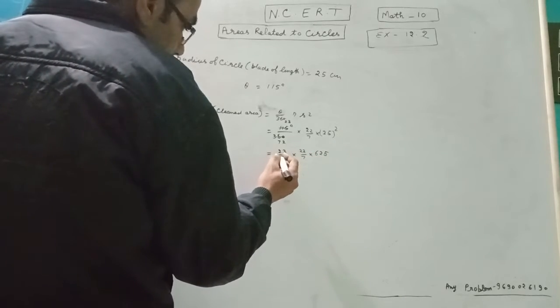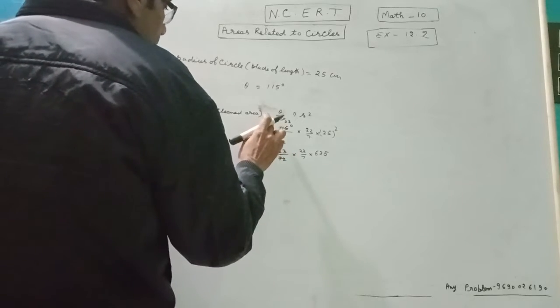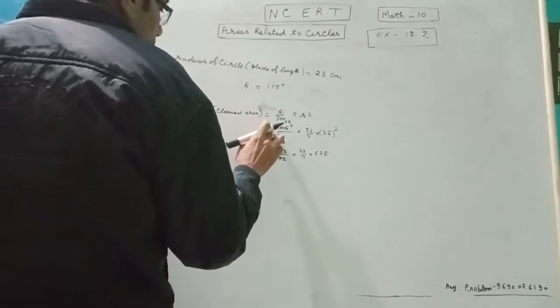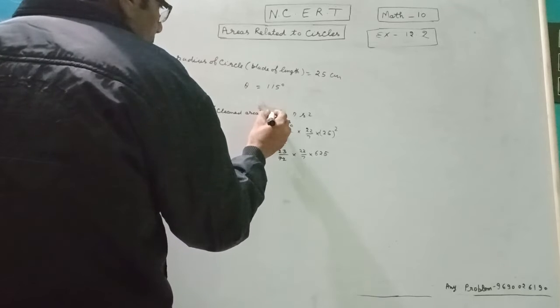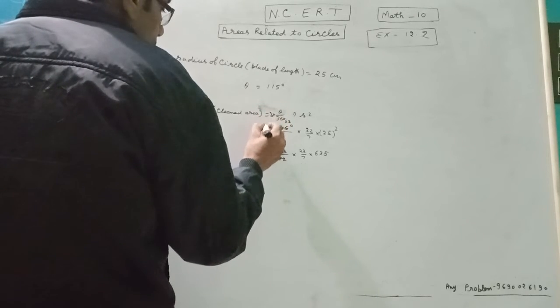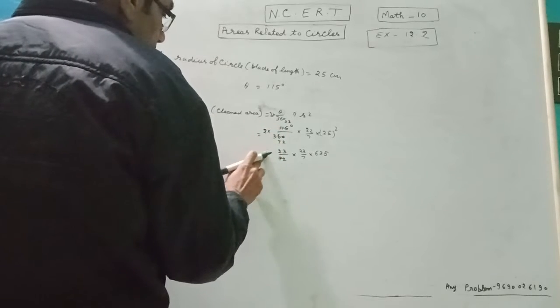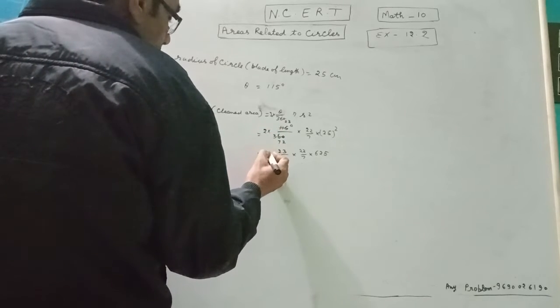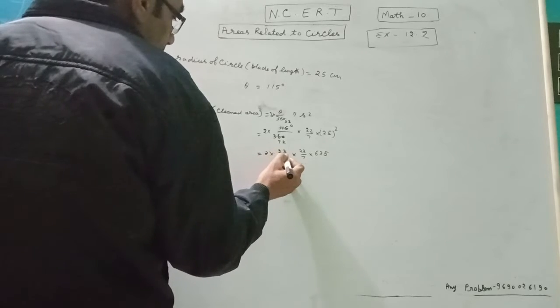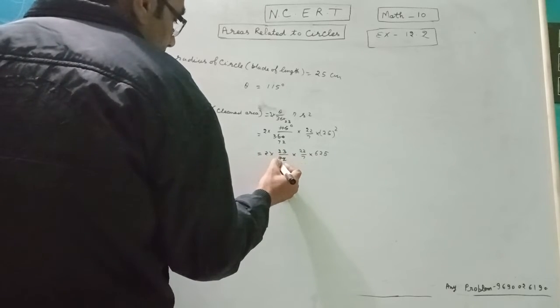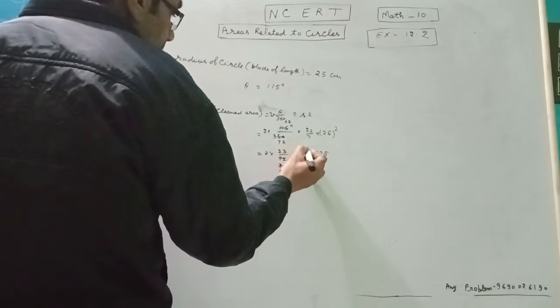Divide by 2, into 2 since there are 2 wipers. 2 divided by 36, 2 divided by 18, 2 divided by 11.